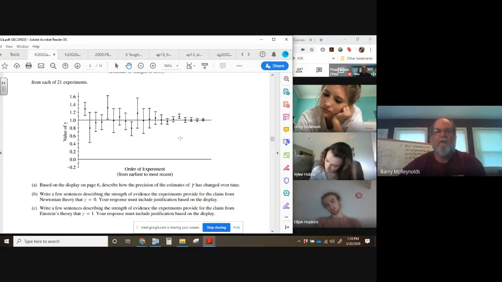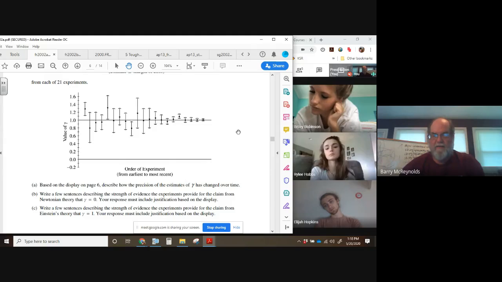Either one of those, you could focus on the entire picture and say that 17 out of 21 contain 1 in the interval, or 9 of the last 10 focus on the more precise. Either one of those would be more than adequate justification based on the graph.